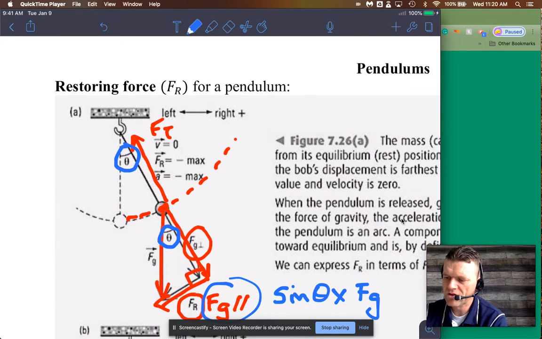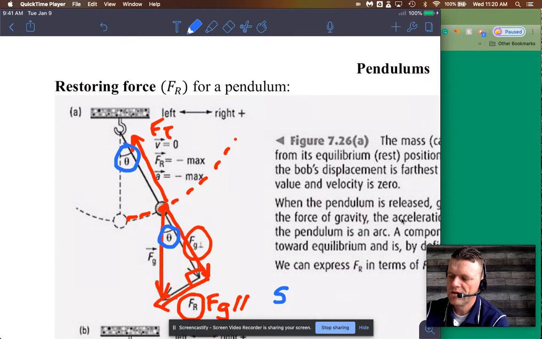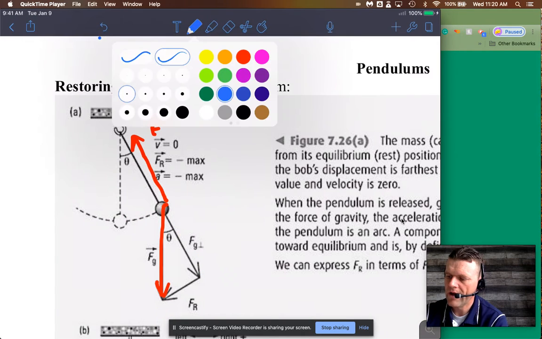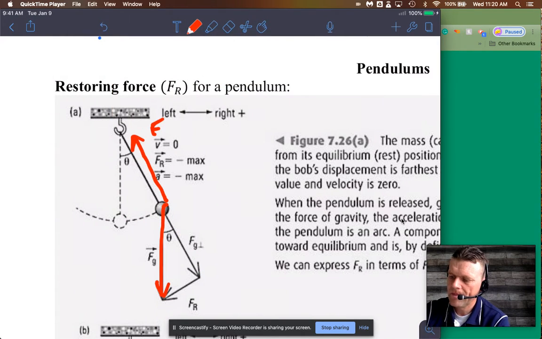Now, some other students figured this out a while back, and I'll just maybe clear some of that off, because if you look at the whole thing again from our original analysis, you could say that the force of tension now has to have a horizontal component and a vertical component.